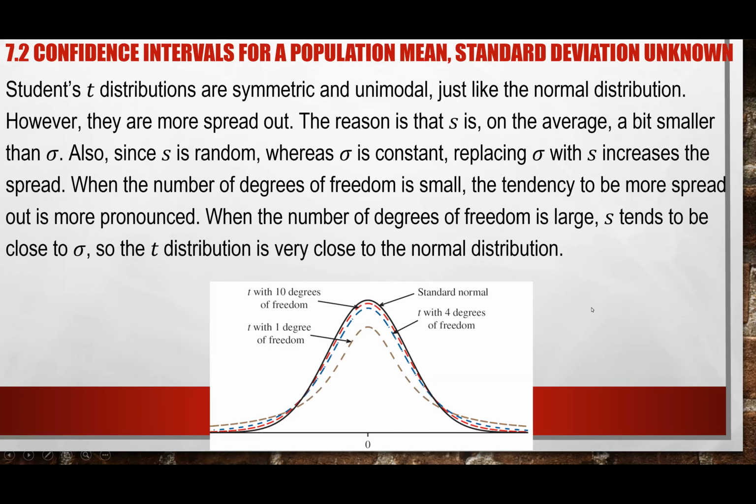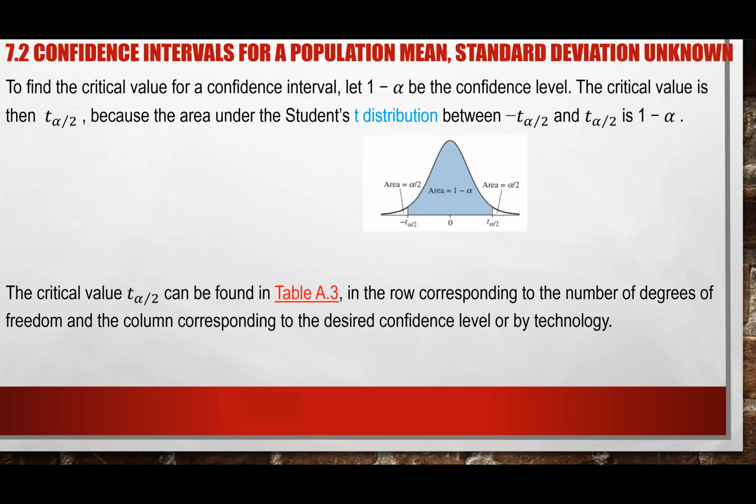Okay, so now how do we find this critical value? To construct a confidence interval, we need two things: a point estimator and a margin of error. And to find the margin of error, we need that critical value.